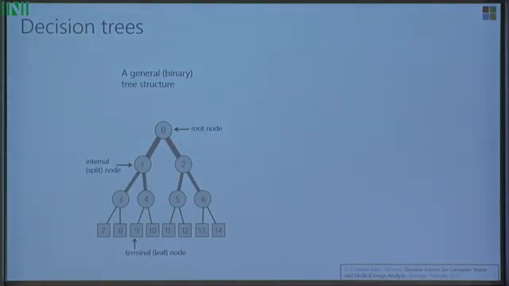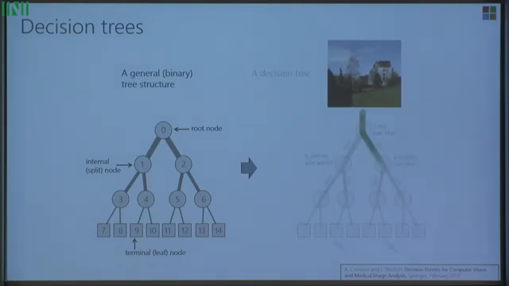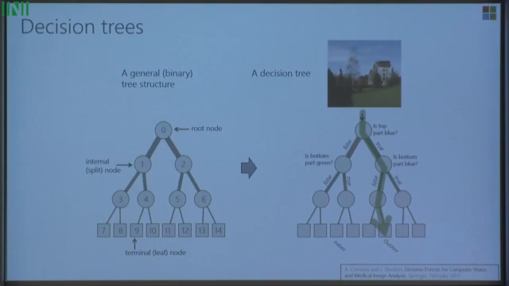So the underlying technology for Kinect happens to be based on a decision tree. As most of you know, a decision tree is just a binary tree with a root node, internal nodes, and terminal leaves. And from a machine learning standpoint, if we'd like to take that picture and ask the question whether it's an indoor scene or an outdoor scene, what the decision tree algorithm learns are various questions that would be asked at every node.